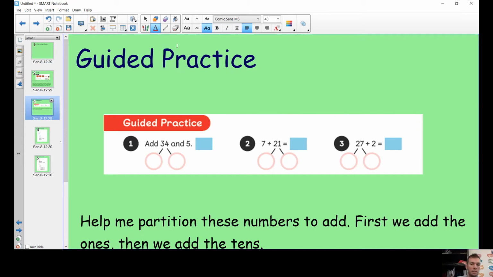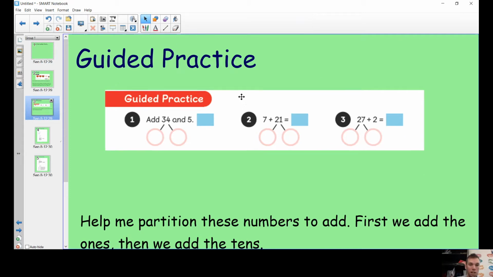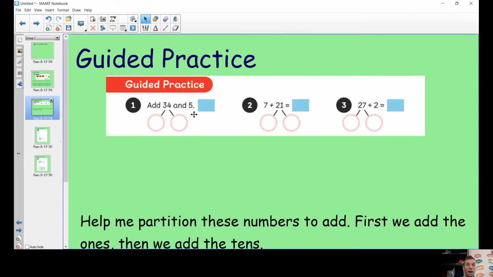Now let's see what that would look like on here. So I'm going into some guided practice. I'm going to partition these numbers so that I can add my ones more easily and my 10s separately. So 34 can be broken up into 30 and 4. We call that partitioning, remember. Partitioned my number into 30 and 4.